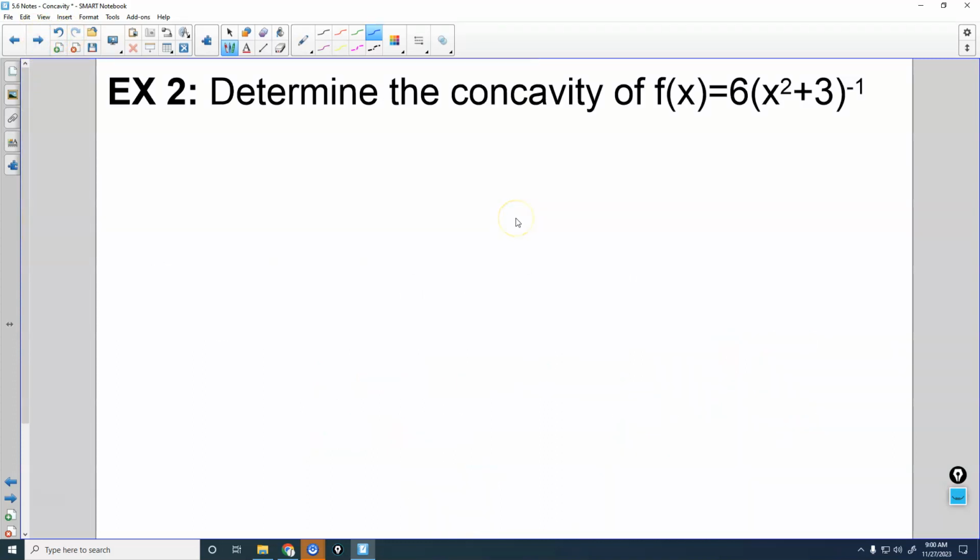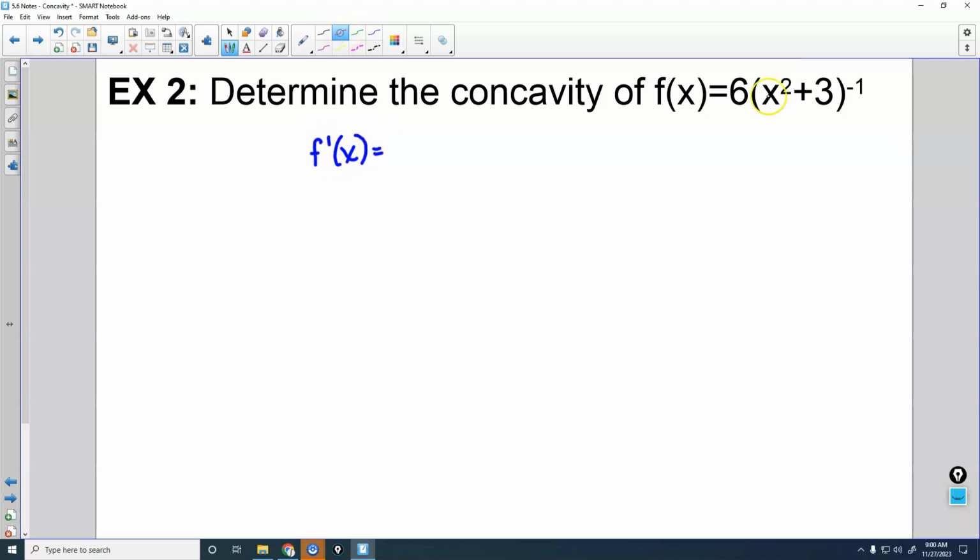Okay. All right, so we must determine the concavity of f of x equals 6 times x squared plus 3 to the negative 1. So this one's going to be a little more difficult because it has a more difficult derivative to deal with. So to do our first derivative, this is going to be a chain rule.